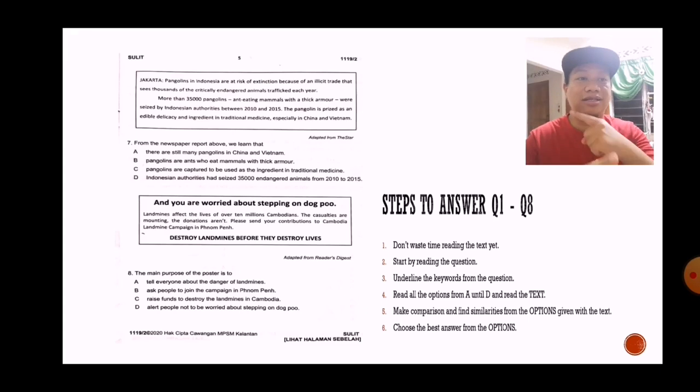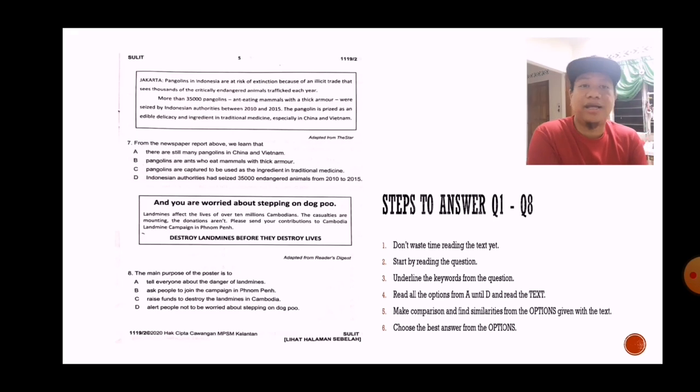So B is wrong. C, pangolins are captured to be used as the ingredient in traditional medicine. Let us look at, yes, okay. It is also mentioned that the pangolin is prized as an edible delicacy.